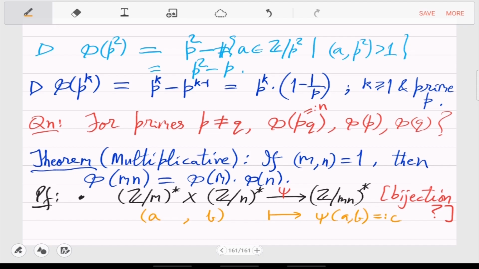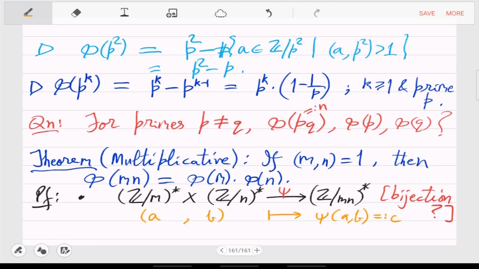Yeah, product or just sum are bad options because, see, the problem with product is that the arithmetic in the image is mod mn.